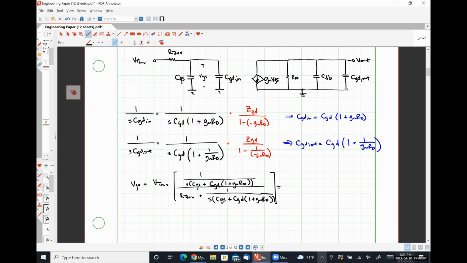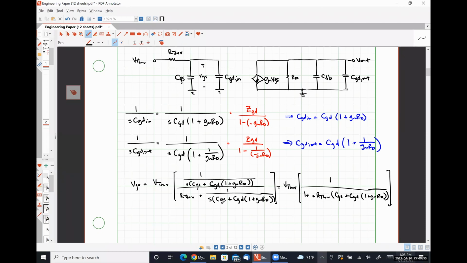And so what that's going to give us is Vthevenin times a factor of 1 over 1 plus S R Thev times CGS plus CGD times 1 plus GM RD, like so.